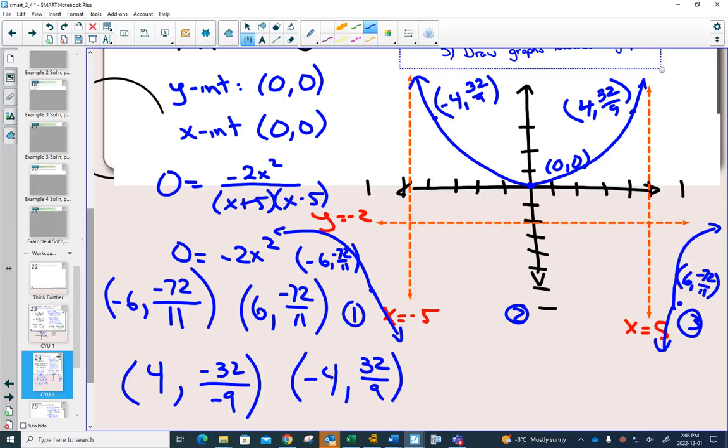Can you also see in this question that the x-intercept of 0 has a multiplicity of 2? Because it's x squared. And when you have a multiplicity of 2, the graph bounces. So we also see that bounce in the middle of this graph. All right. Circle question number 4.